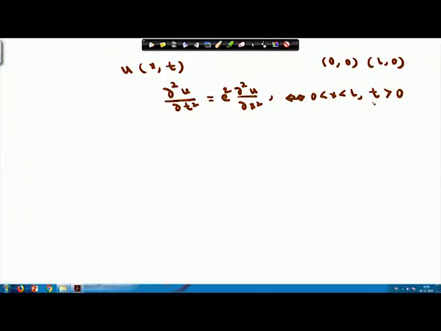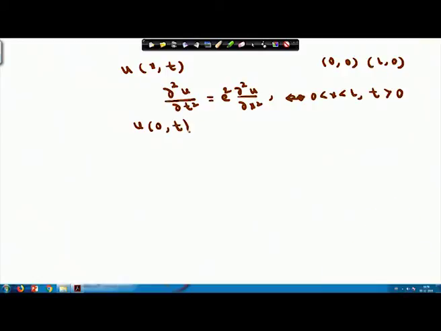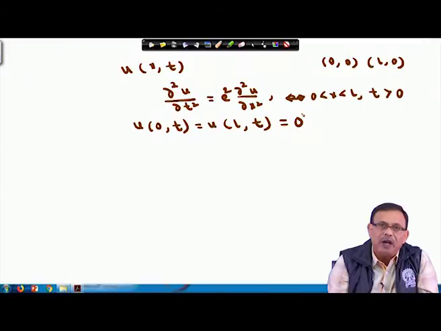And what would be the condition then? u(0,t), they were fixed at these 2 points (0, 0) and (L, 0). So, u(0,t) equals u(L,t) equals 0, because they were fixed. At x equals 0 the value is 0, and at x equals L also the value is 0.